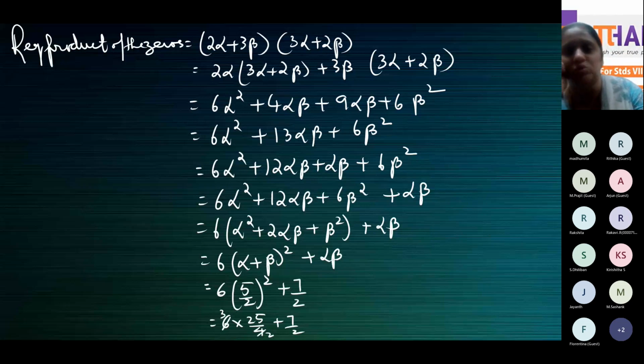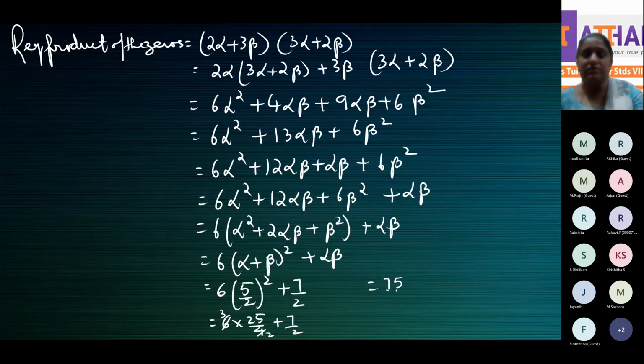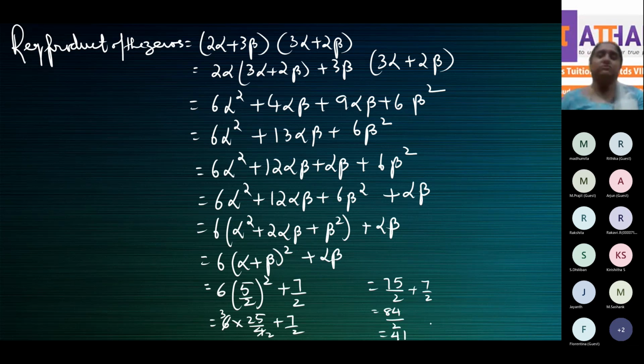So 84 by 2, which is 42. So on simplifying, you get the product is 41.